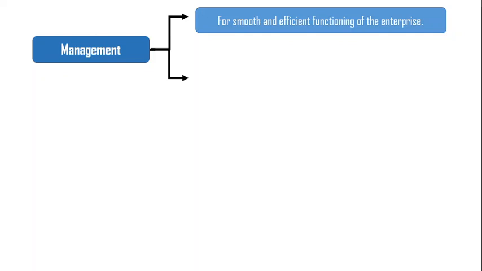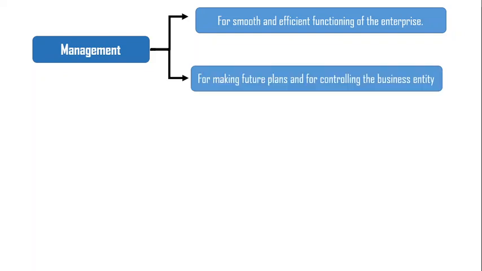They know the data and they can take their decisions based on that, so that the management can be planned or coordinated in a proper, smooth and efficient manner. Also they need it for making future plans and for controlling the business entity. The accounting information they get through the trading and P&L account, balance sheet or other accounting statements, they make a report on that.